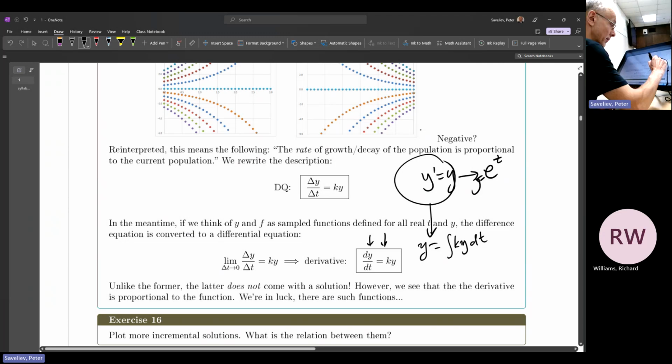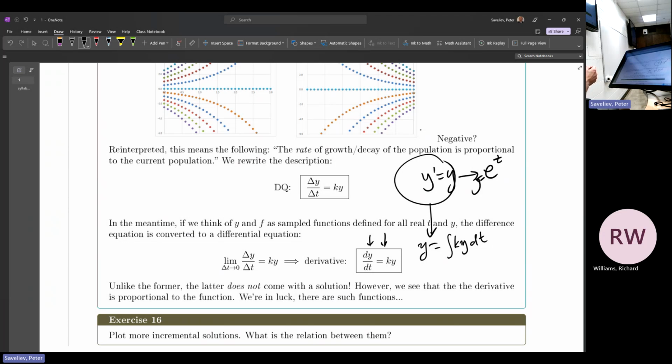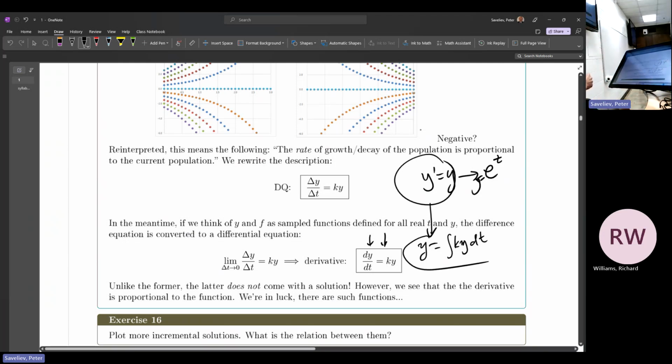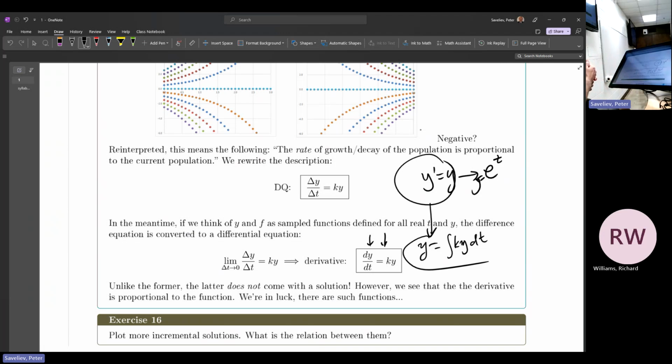Just integrate. How do you get rid of differentiation on the left? You can just integrate to get rid of it, and so I do. But unfortunately, you can see what happens. While differentiation disappears on the left, on the right, an integral appears. And so we have an integral of an unknown function. So we are pretty much in the same place. We need to find y from a certain equation, and it is given indirectly.